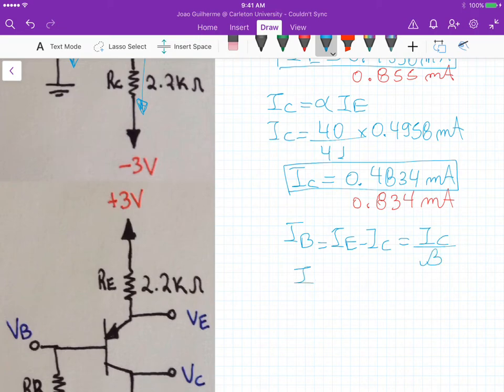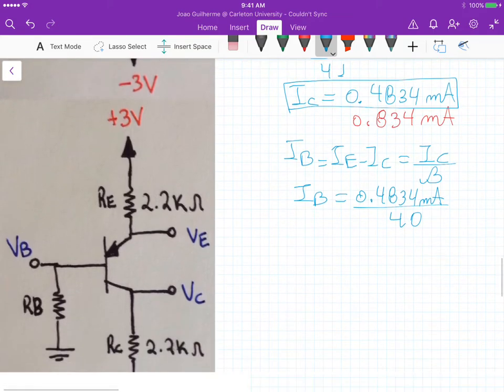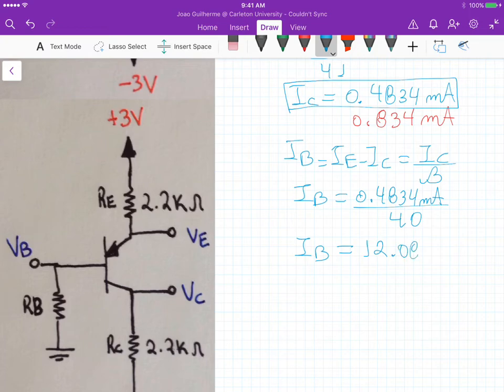So IB is equal to that 0.4834 milliamps divided by 40. Okay, so IB in this case is equal to 12.085 microamps.